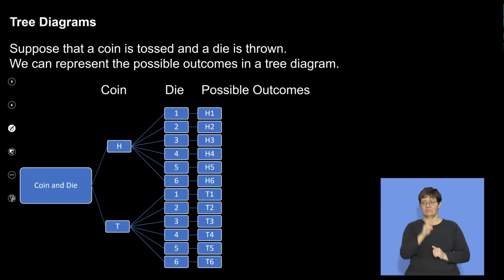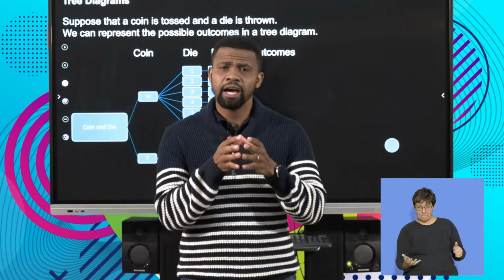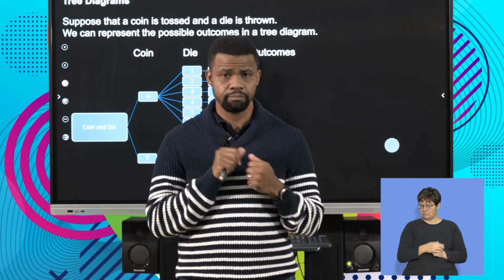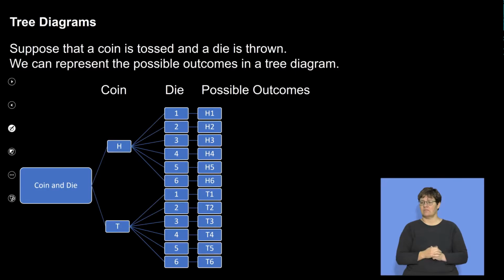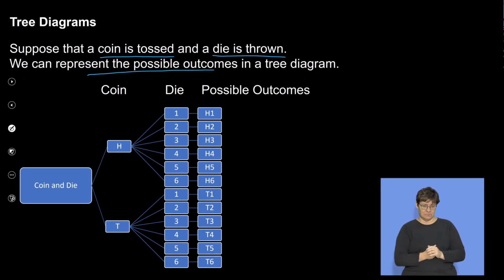Now, let's look at another tree diagram. But in this tree diagram, we want to take a coin and a die, and we're going to throw those together simultaneously. And how do we draw a tree diagram? Suppose a coin is tossed and a die is thrown. We can represent the possible outcomes in a tree diagram. A coin can give us what?